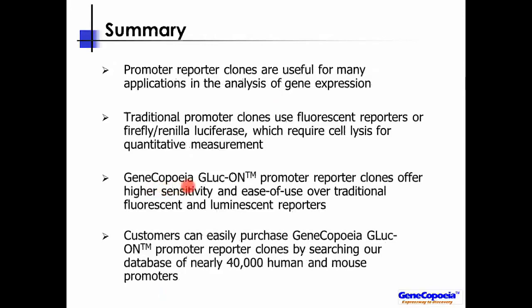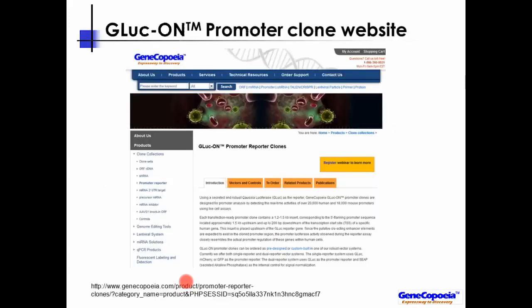I also told you about the GeneCopoeia GLuc-ON Promoter reporter clones, which offer higher sensitivity and ease of use over traditional fluorescent and luminescent reporters. And I showed you how customers can easily purchase GeneCopoeia GLuc-ON reporter promoter clones by searching our website database of nearly 40,000 human and mouse promoters.